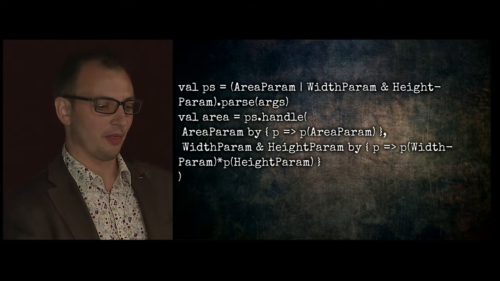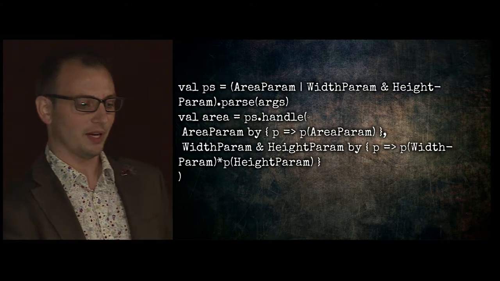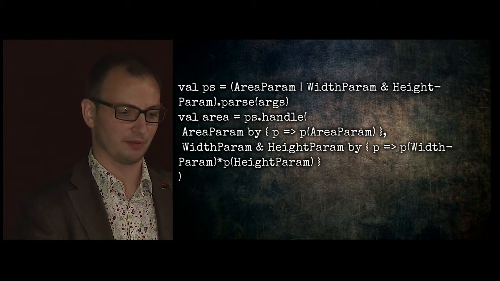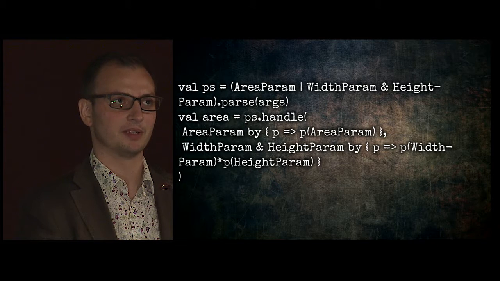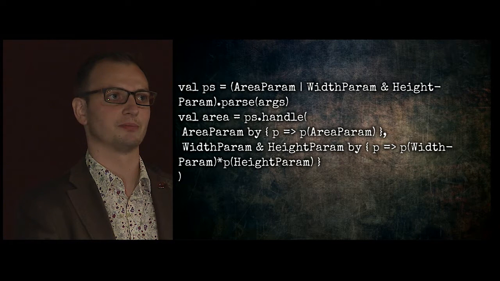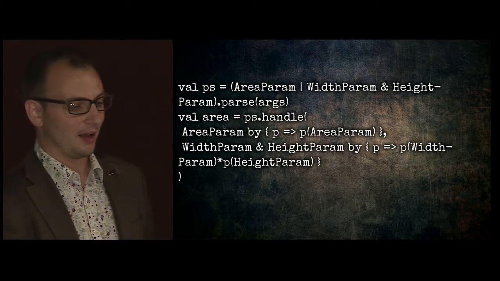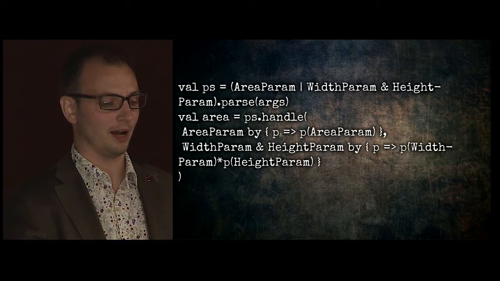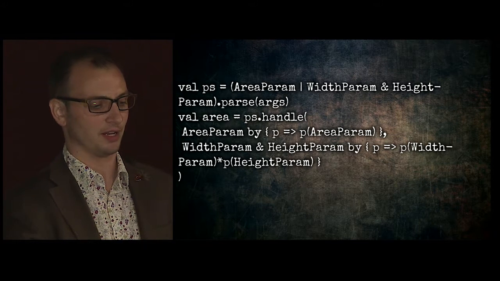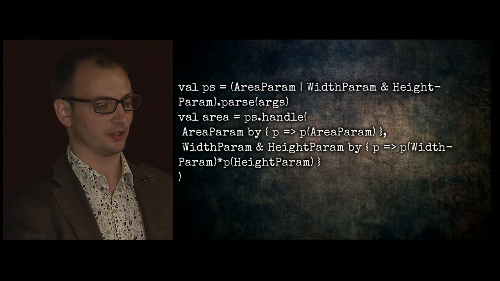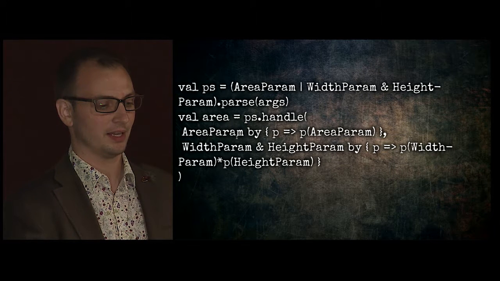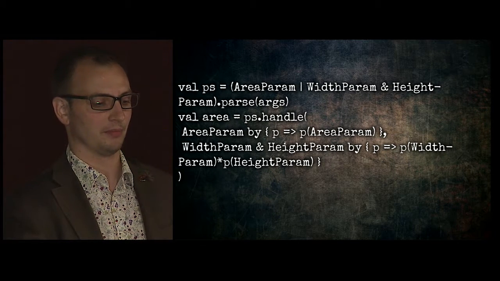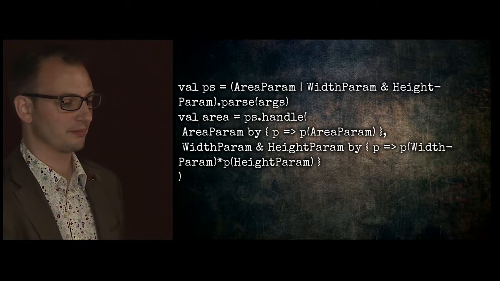So the way Scala works with varargs is to look at the type of each of them and find the lub of those. Now, the types here are reasonably complex, but I've arranged them in such a way that the lub, or part of the lub, will be the intersection of area param and product of width param and height param, or width param with height param.